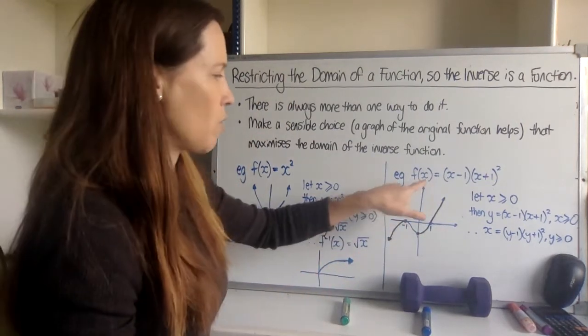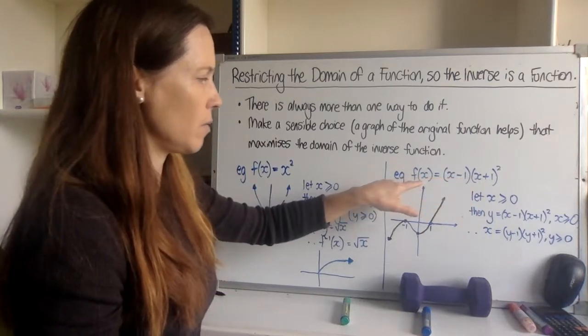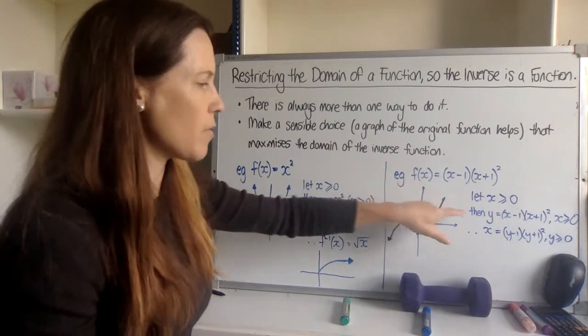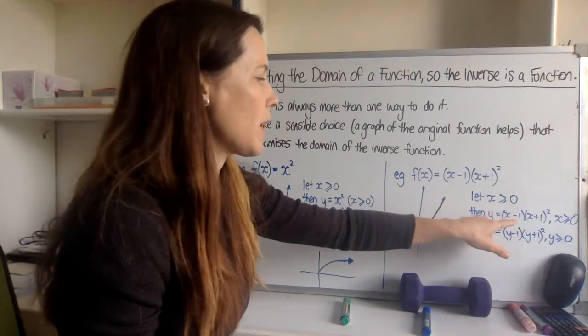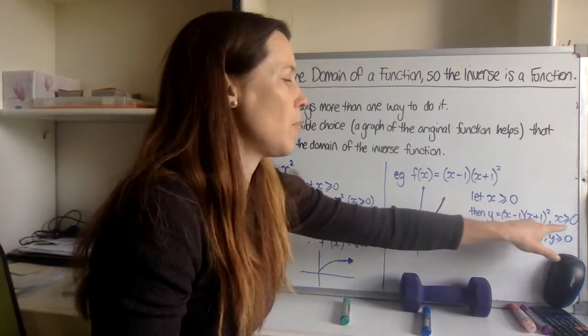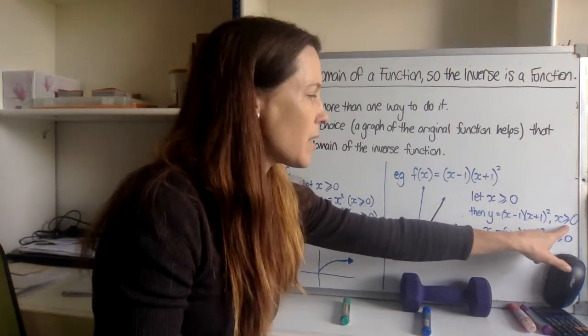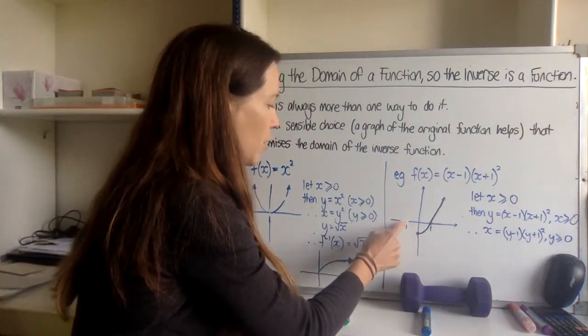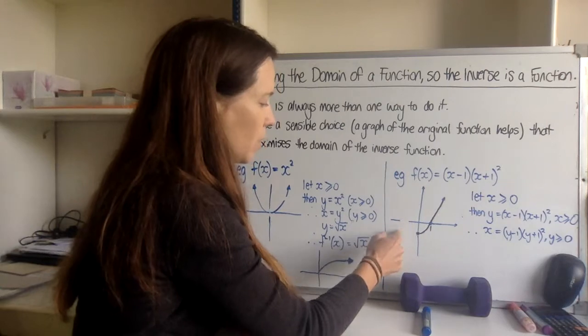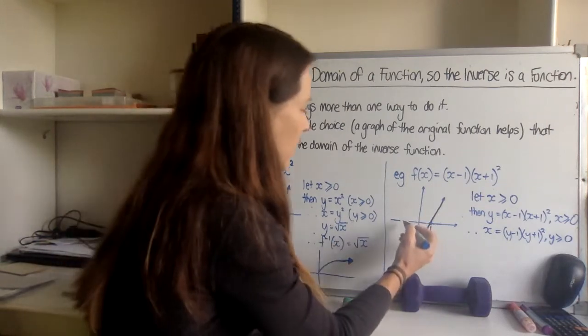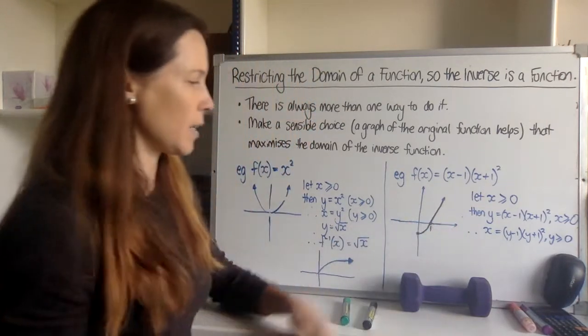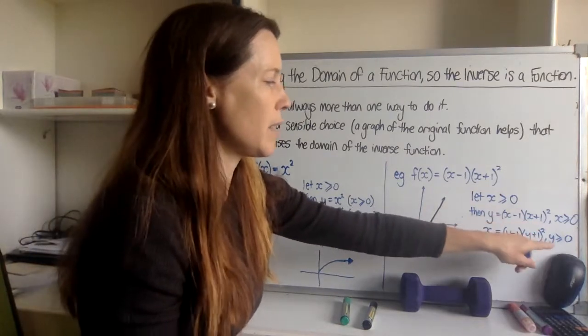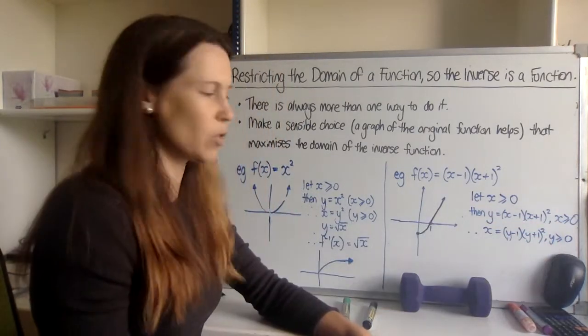So then I can just write out my function again, subbing in y instead of f of x. So I've got y equals (x minus 1)(x plus 1) squared, but I've also got my restriction in now, which says that x has to be greater than or equal to 0. And that effectively means I no longer have this part of the graph. It's gone. Okay, now I can swap all my x's for y's, including swapping them in the restriction.